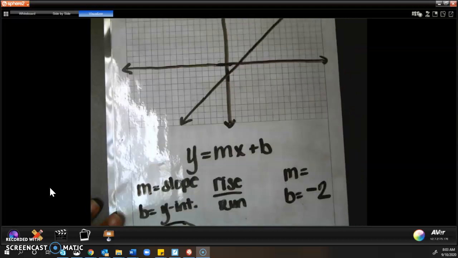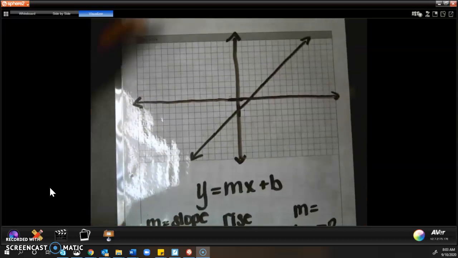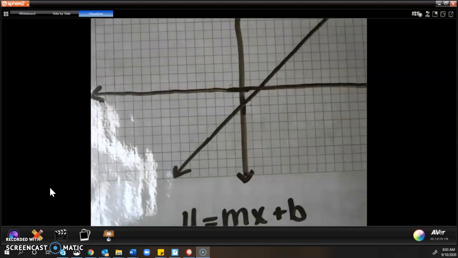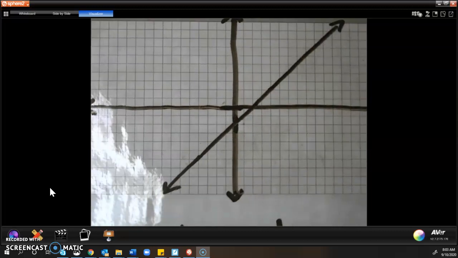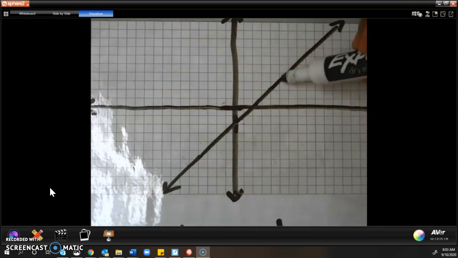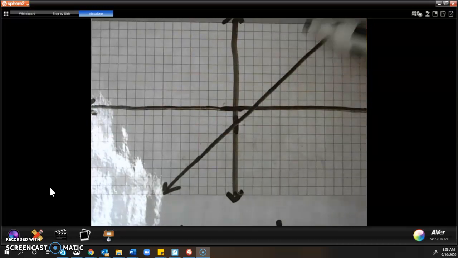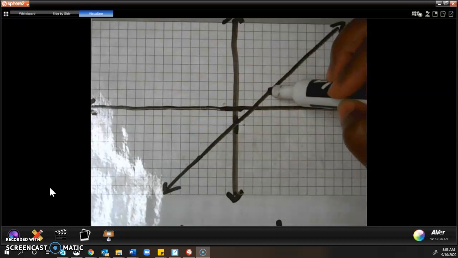So now, what I need to do, I need to find 2 points on my graph that cross exactly at an x and exactly at a y. So for example, this would not be a good point because I don't know what the x value is or the y value. So I want to choose points that are exactly at an x and exactly at a y.